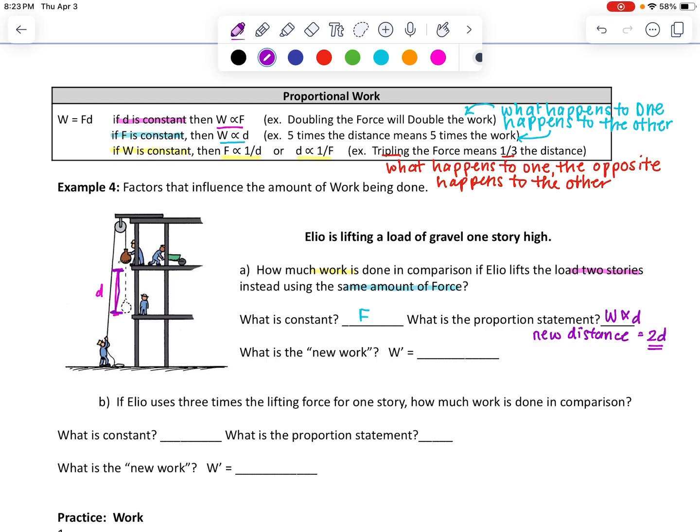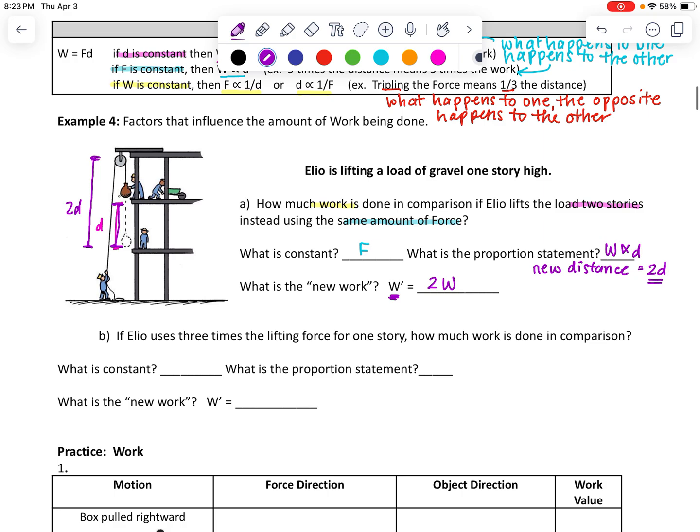Now he's going to lift 2 stories. So 2 stories is 2D. And remember we said what happens to one happens to the other. So the new work, that's going to be considered W prime, is going to be W, which is the old work, times 2. It's going to be 2W.